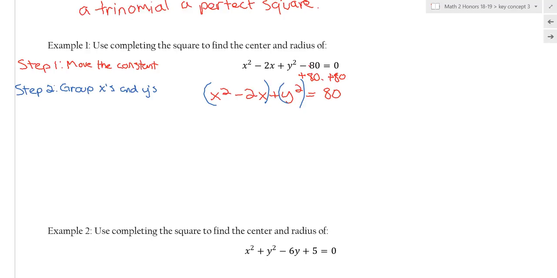Your step 3 is really the meat of everything. Complete the square.